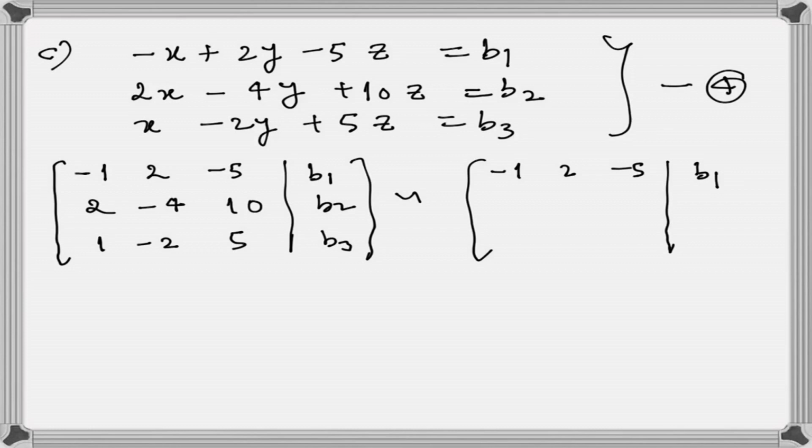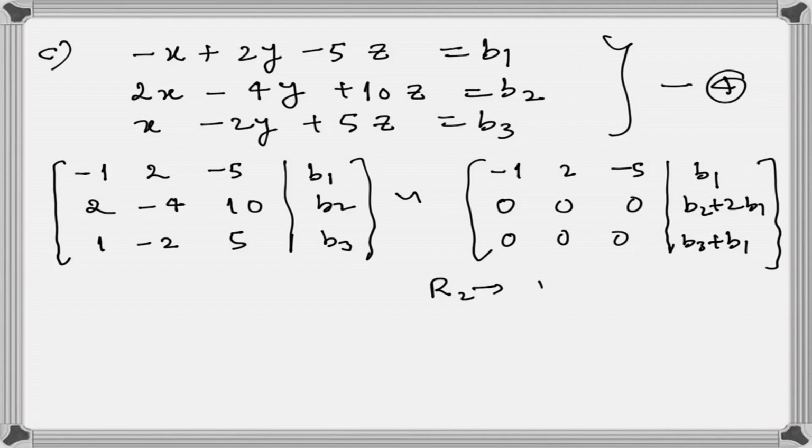We apply r2 goes to r2 plus 2r1, and we get 0, and here also 0, and then r3 minus r1 we get 0 0 0, and here b2 plus 2b1 and b3 minus b1. So what is the row operation we used? We used r2 plus 2r1 and r3 is r3 minus r1.